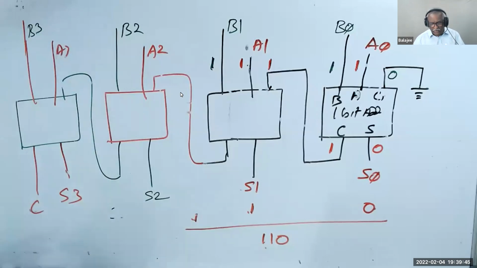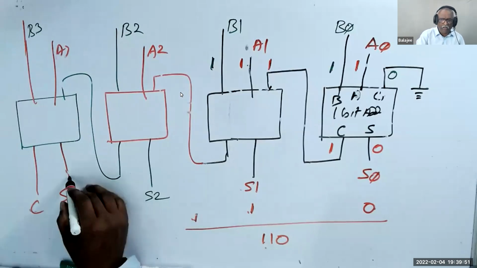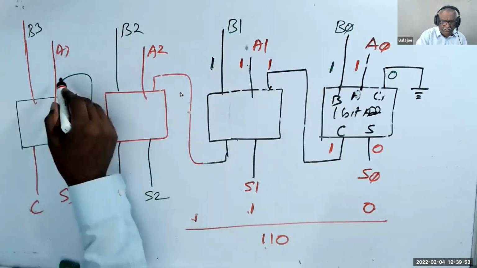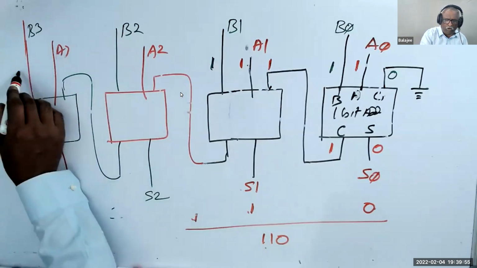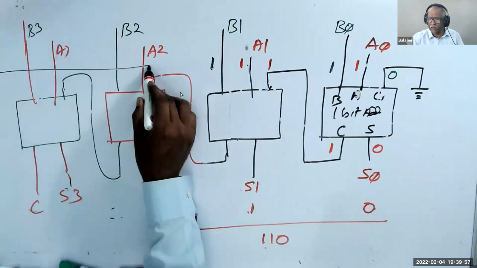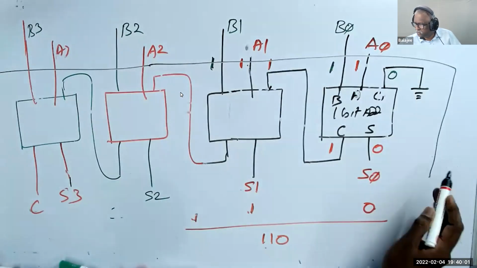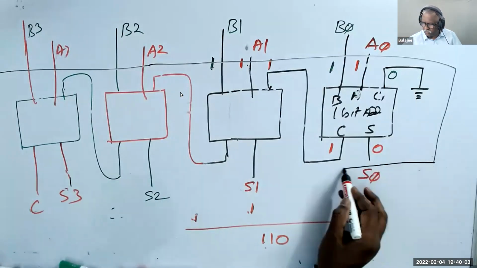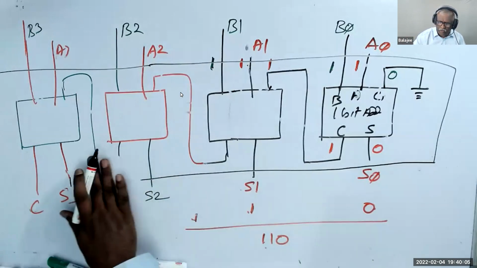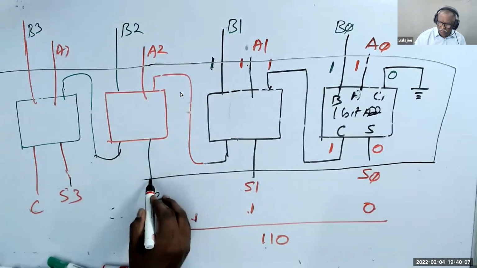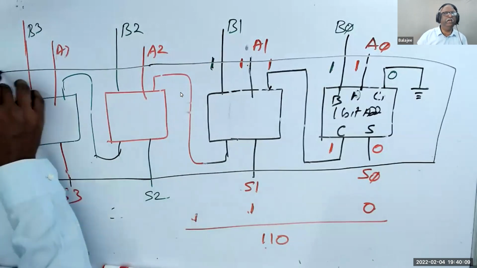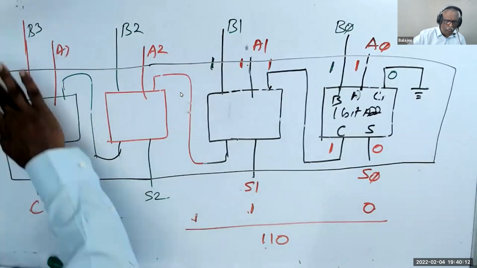Now you should know how to make them into a block. What we do here is make all the connections internal, so we make this a block. See here, I draw a block now.